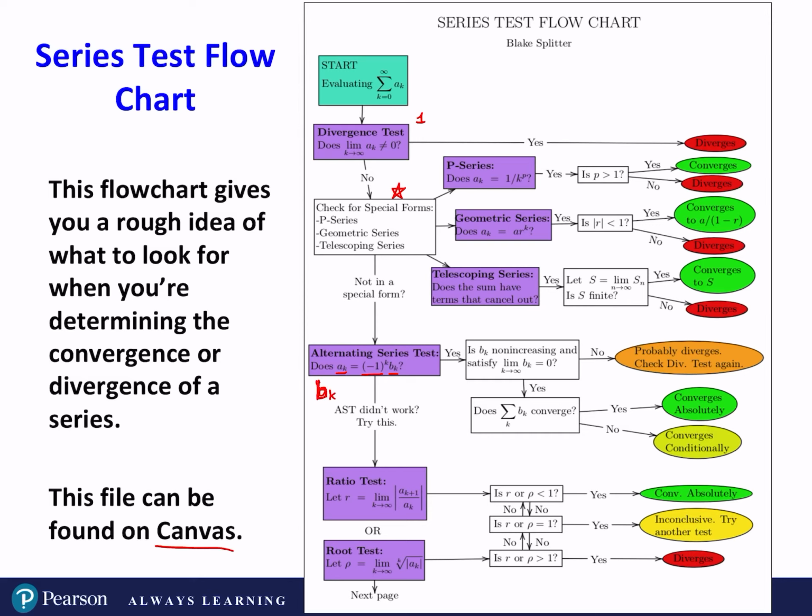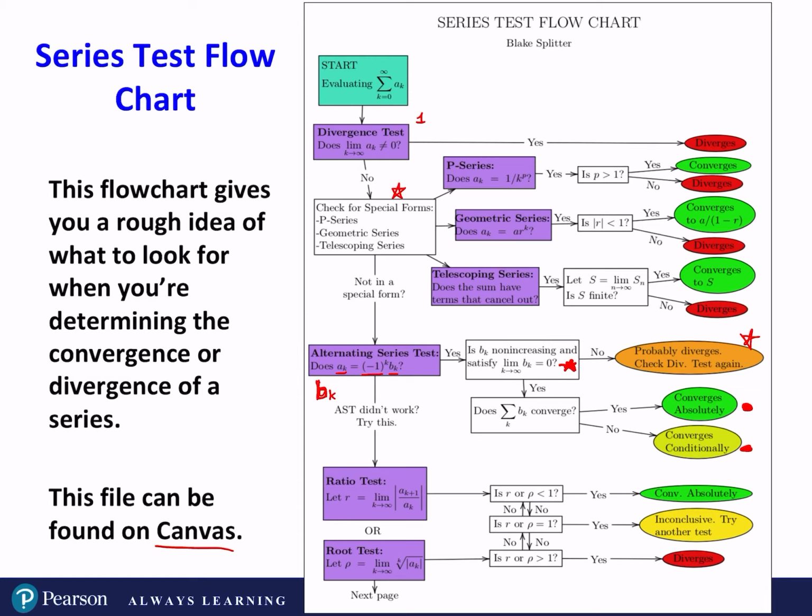The idea is that if b_k is non-increasing and satisfies the limit as k approaches infinity of b_k equals 0, then it will converge. If it doesn't satisfy one of those two things, then it probably diverges, and you should consider doing the divergence test again.